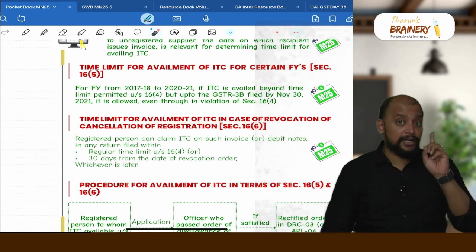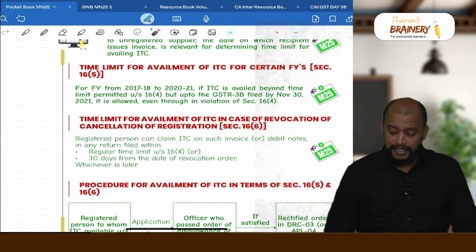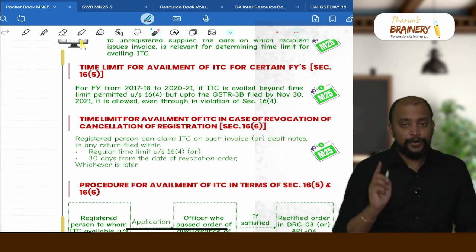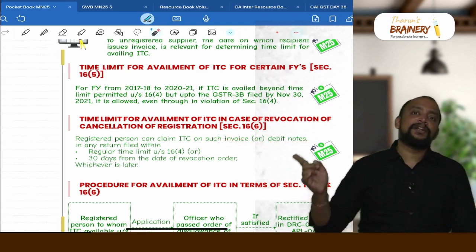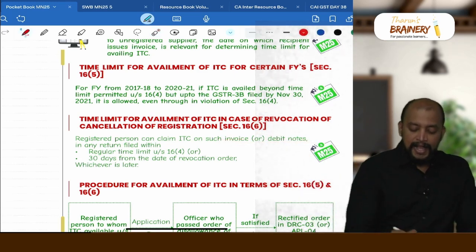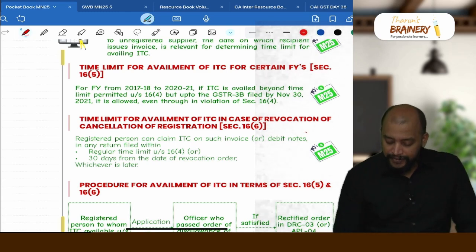And what is the important condition? The important condition is that for these invoice or debit notes, the time limit for availment of ITC should not be expired as on the date of cancellation of registration.